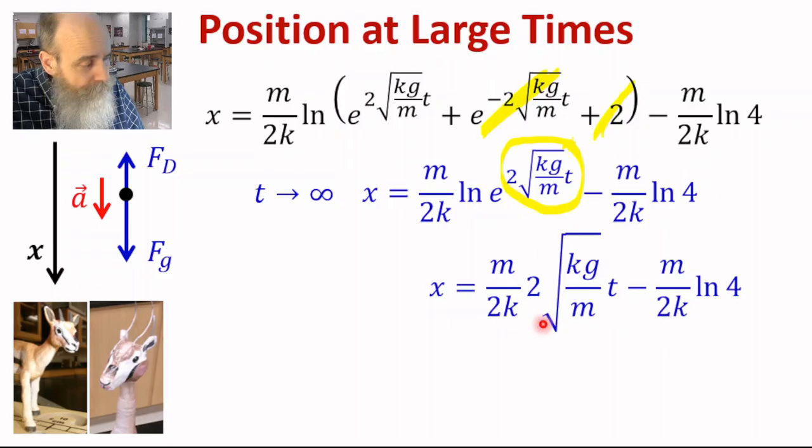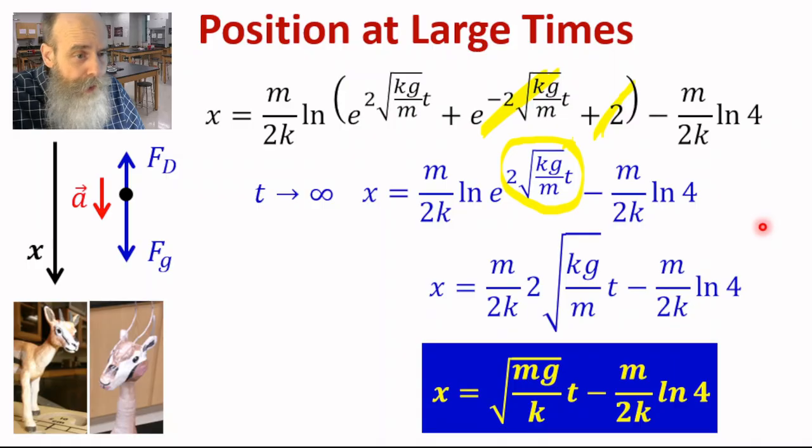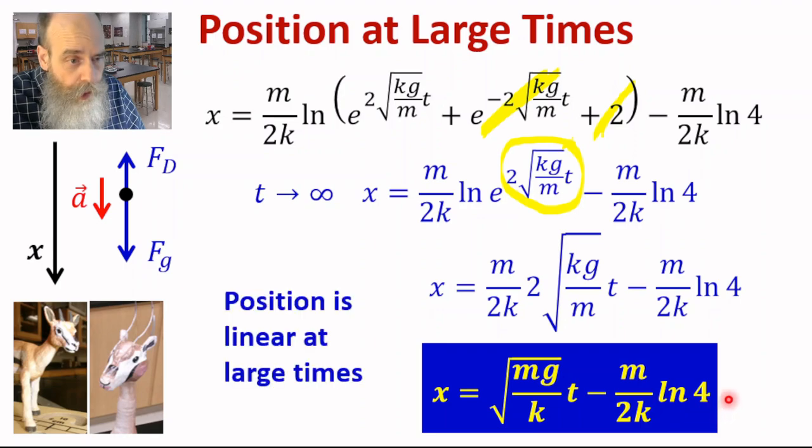Let's simplify this, and we finally get this: x equals square root mg over k times t minus m over 2k ln 4. So, at large times, the position is linear. Linear position means, take that derivative, you get a constant velocity, which is what we expect at large times. It's moving at the constant terminal velocity. And the coefficient of t is the terminal velocity. So the terminal velocity is square root mg over k.